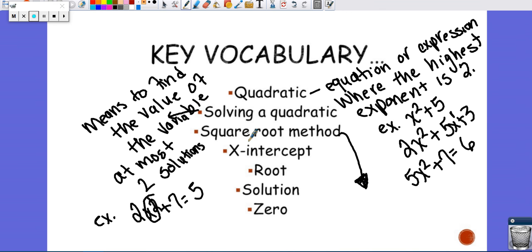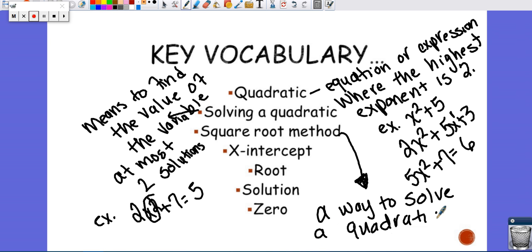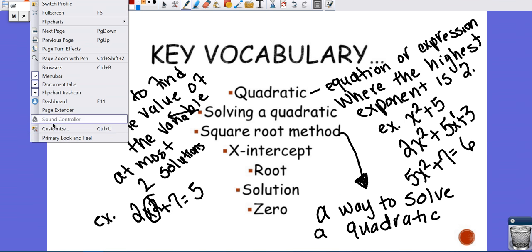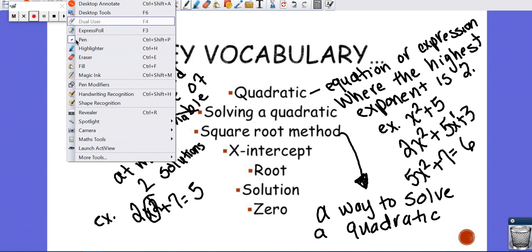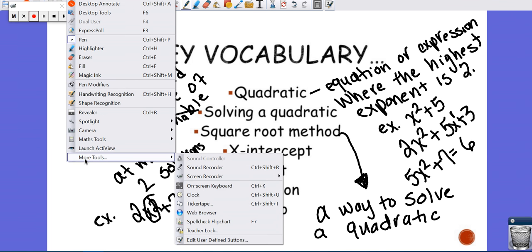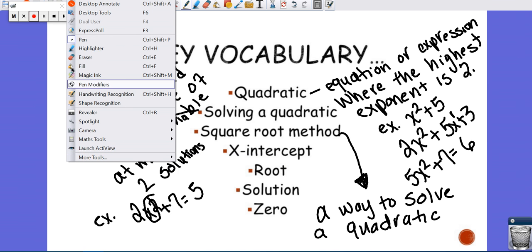Okay, so the square root method is a way to solve a quadratic. And to use this method, just a second, guys.